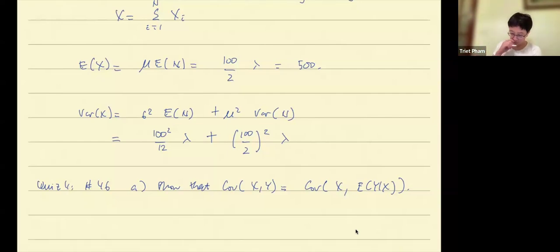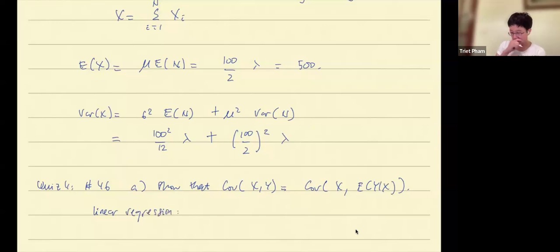All right, so first let me point out why this formula might be relevant. It's not just a weird theoretical question. A lot of times, the conditional expectation of Y given X will be a nice thing to look at, for example in linear regression.